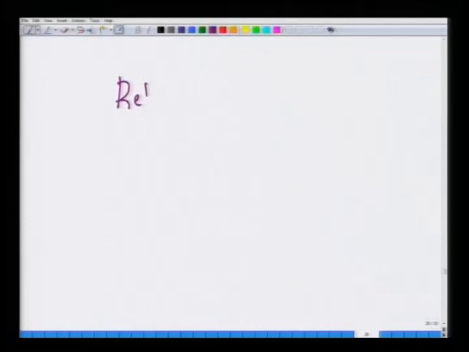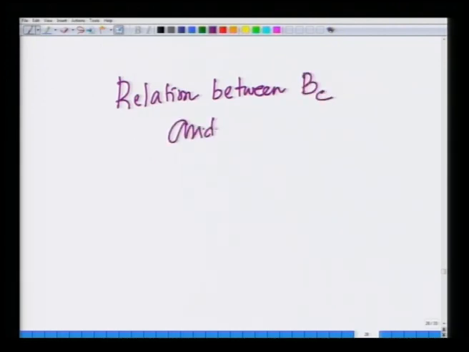What is the relation between B c, coherence bandwidth, and sigma tau, the RMS delay spread? What are its implications? What is the relation between these two quantities in the time domain?